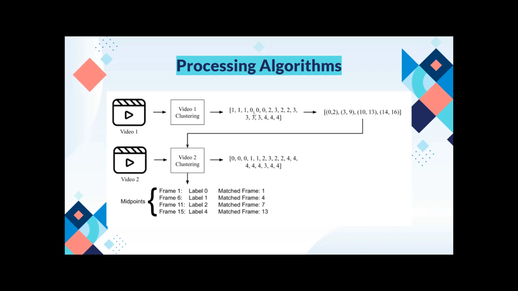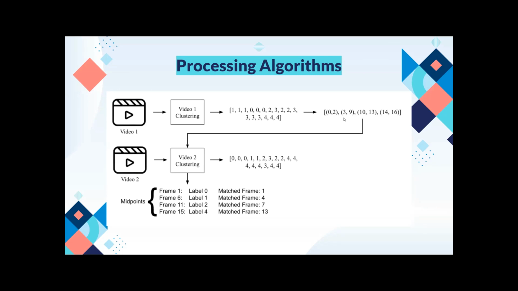You change from a group of very similar frames to another group of frames that might be different. In this process, it ignores clusters of frames that are length 2 or less. If frames 3 and 4 are labeled as something different and then it switches back, that's not a very big difference in a long video, since there are going to be a lot of frames. So it ignores those, and it creates an array of these intervals.